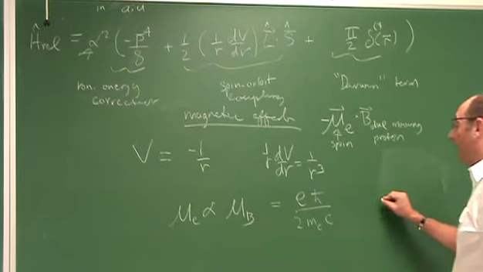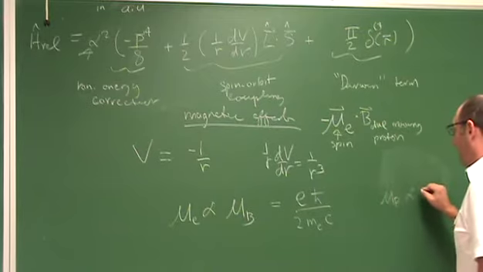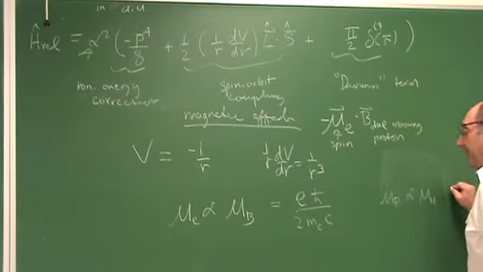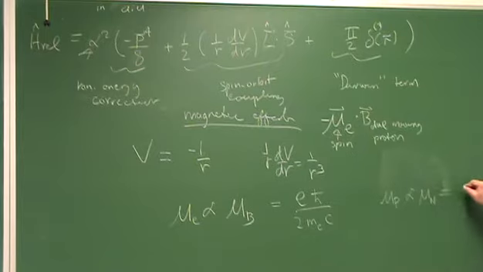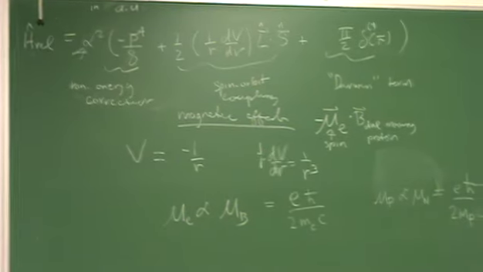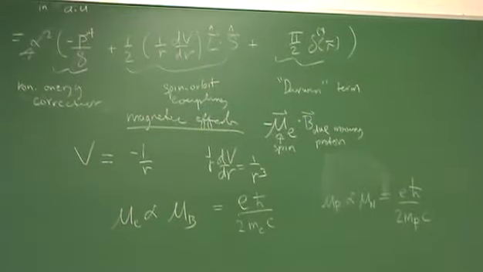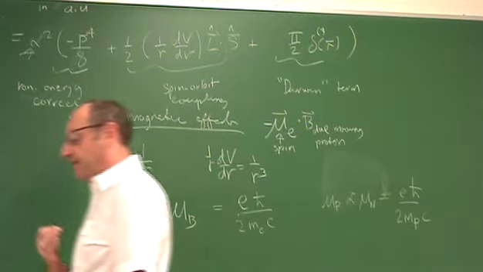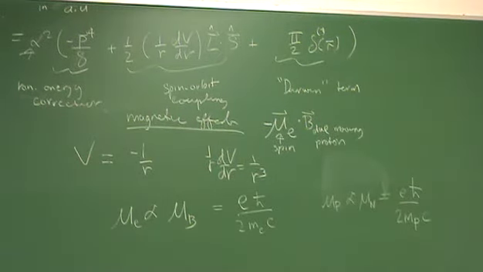Whereas the magnetic moment of the proton is proportional to what's called the nuclear magneton. So the issue is the charge to mass ratio. If you have a given charge with a given angular momentum, the magnetic moment is different.